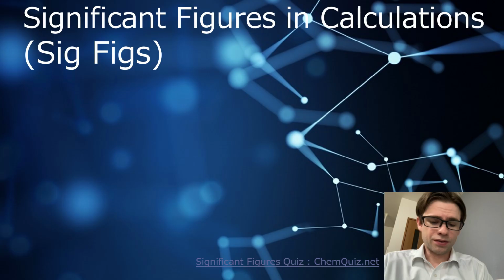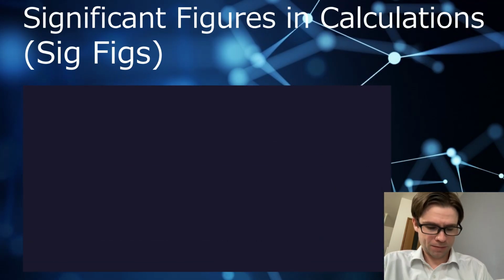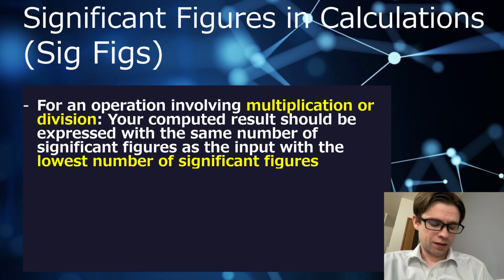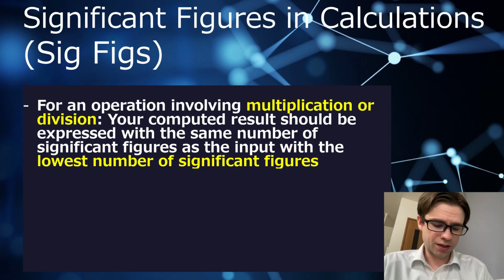So I do want to consider significant figures in calculations as well. There are rules for how to bring your significant figures from a measurement through a calculation. The first rule: for an operation involving multiplication or division, your computed result, your answer, should be expressed with the same number of significant figures as the input with the lowest number of significant figures.